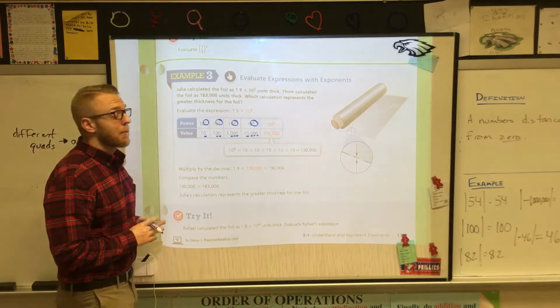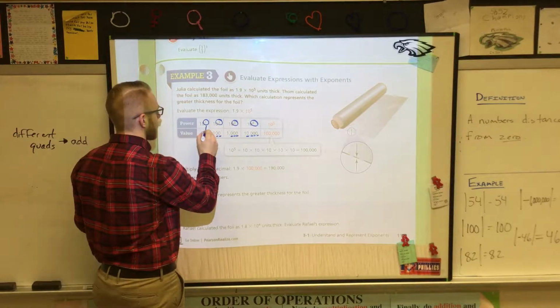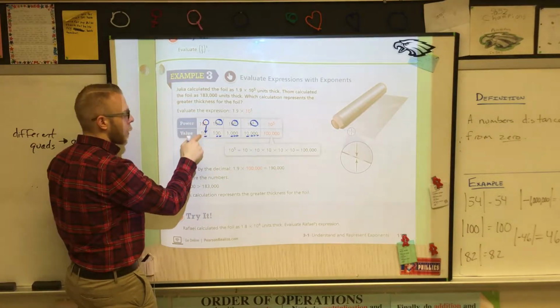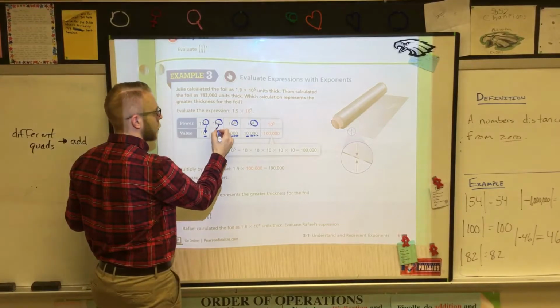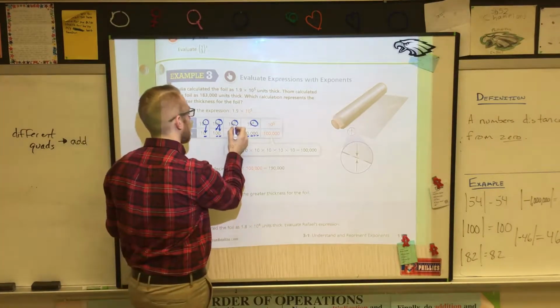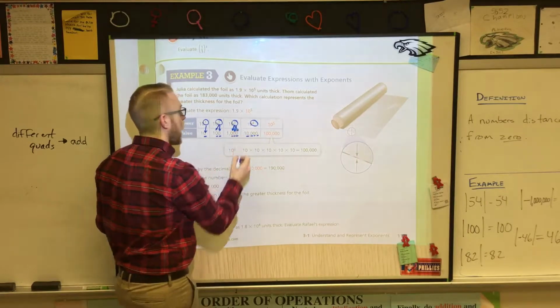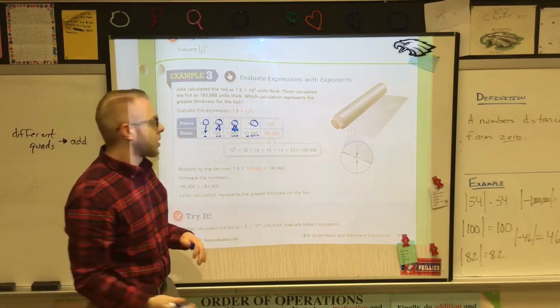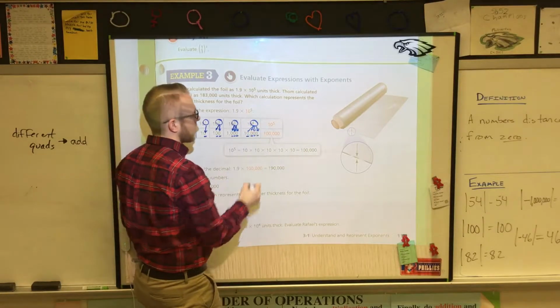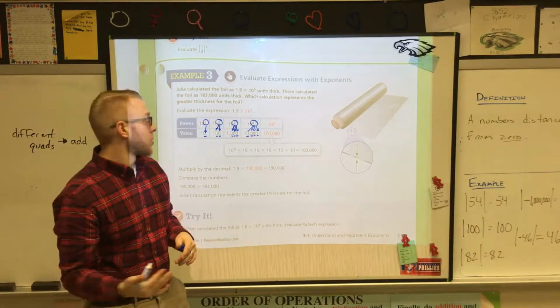All right, that should be enough time. Hopefully, you are seeing that a power of 1 or an exponent of 1 has 1 zero, an exponent of 2, 2 zeros, exponent of 3, 3 zeros, and an exponent of 4, 4 zeros, exponent of 5, 5 zeros.